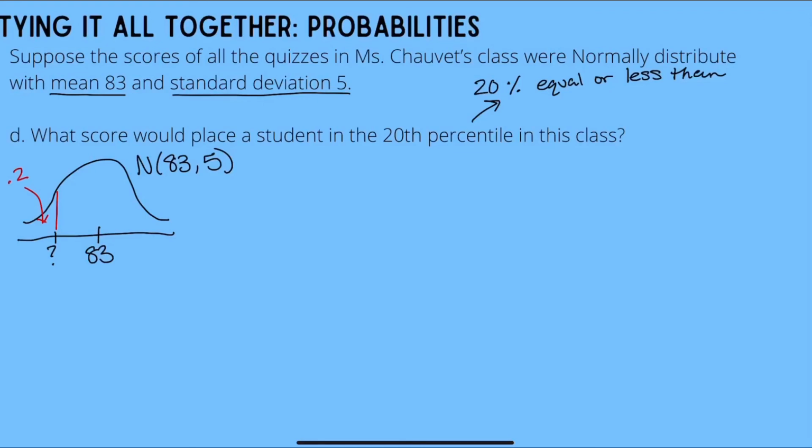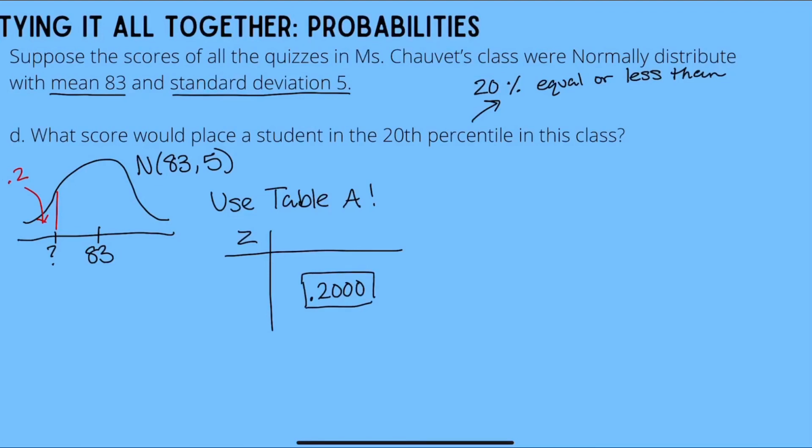So what we need to do is use table A. So the way we're going to do this is, again, we have our table. And what you want to use table A for this time is find the cell that has as close to 0.2000 as possible, if you're rounding to 4 decimal places. So you want to find what z-score is the closest to that percentage as we can. So take a moment, look through your table here and see what you can find.